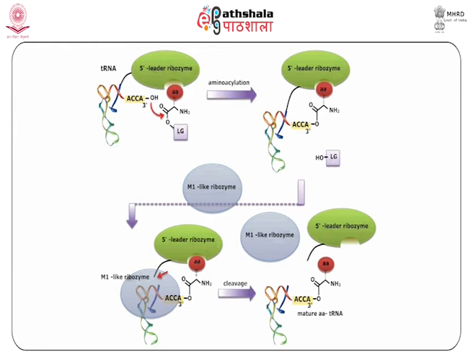One end of the tRNA matches the genetic code in a 3-nucleotide sequence called the anticodon. The anticodon forms 3 base pairs with the codon in mRNA during protein biosynthesis.